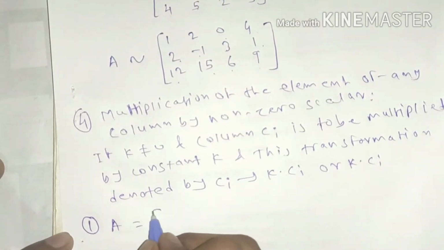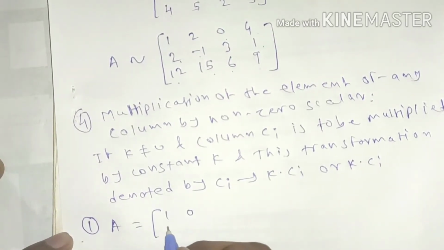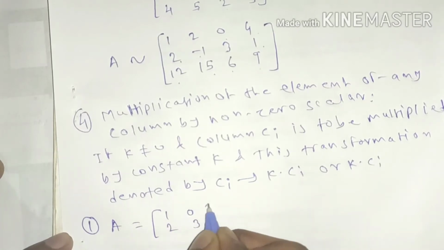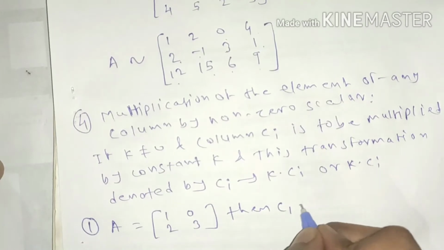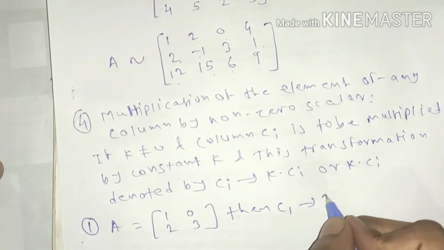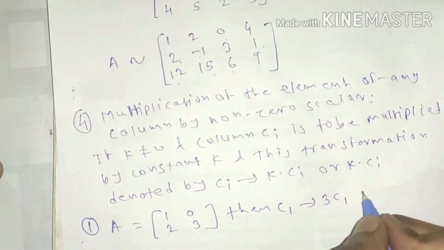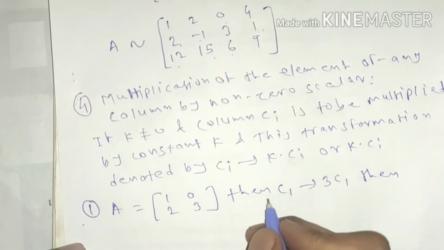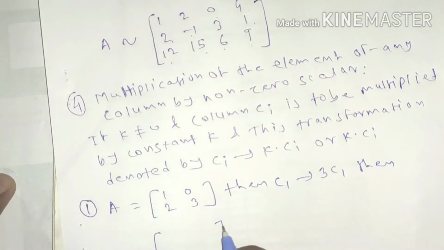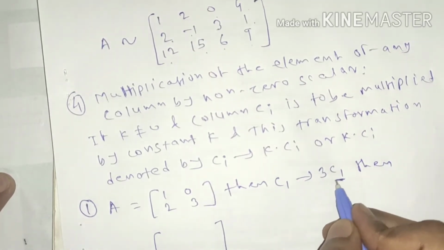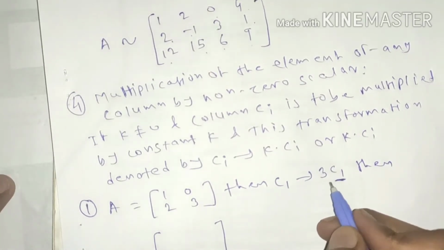So A is [1 0; 2 3], then C1 changes to 3 times C1 gives the new matrix. So here we multiply the first column by non-zero scalar 3.